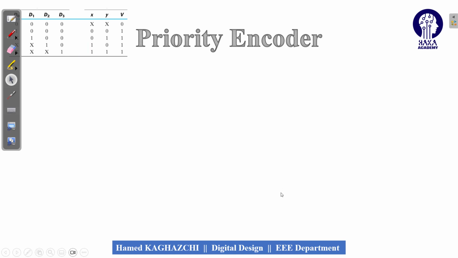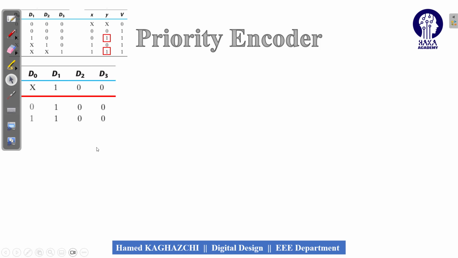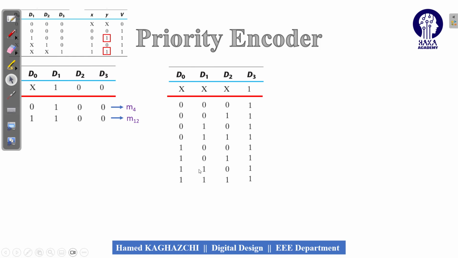What about y? The same thing happens. Look here, this one and this one have to be written and we have to find the corresponding minterm. X, 1, 0, 0. So x can be 0 or 1. It means that we have M4 and M12. Similarly, for the last row, we have something like that I have explained, and we can find all of the corresponding minterms.